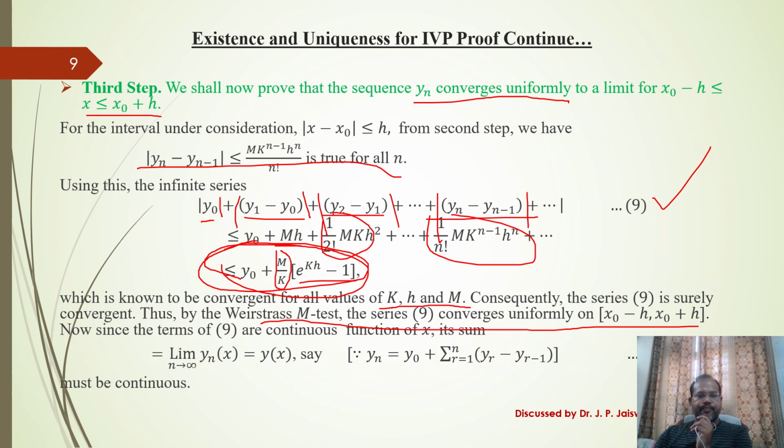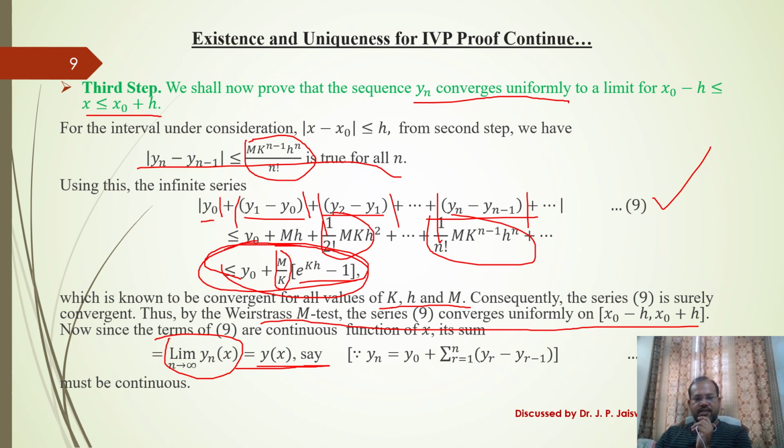And we have seen each term of this series 9 is continuous, and so its sum function is also continuous by the theorem number, I think third or fourth, in the previous slide. So what is the sum of this? For the sum, because the series is convergent, we have to take the infinite series, so n tends to infinity. Why?